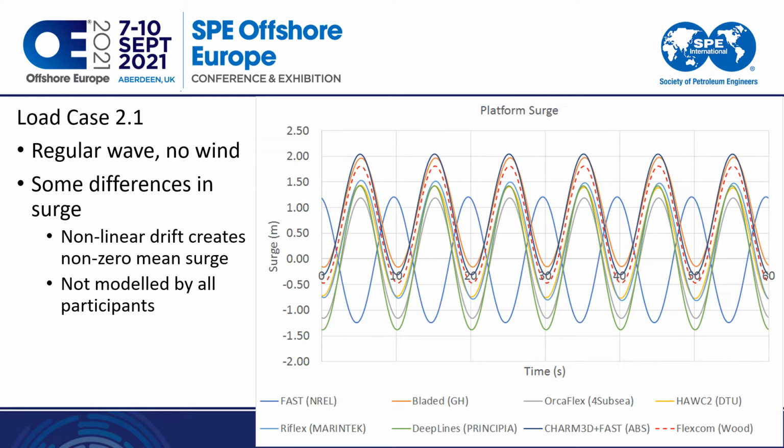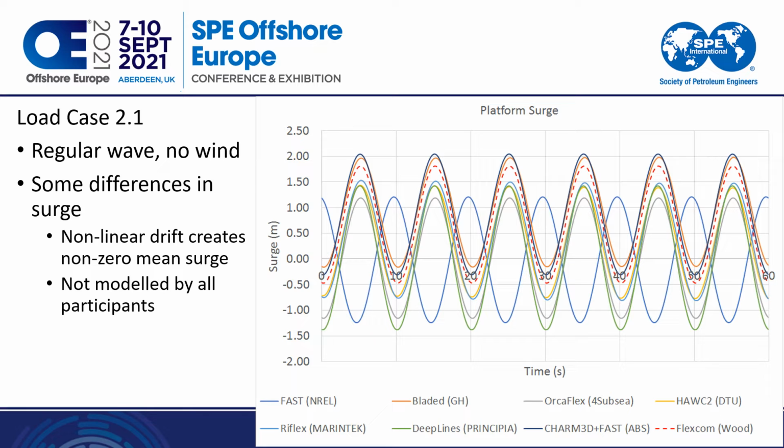The reason for that is the modeling of mean drift forces in surge is captured by some of the tools better than others. There's a natural tendency to drift in surge due to second order loading terms from the quadratic transfer coefficients. You also have different frequency effects coming from different wave components, and a phasing effect of the Morrison's drag loads, which get applied at different points in space as the structure moves.